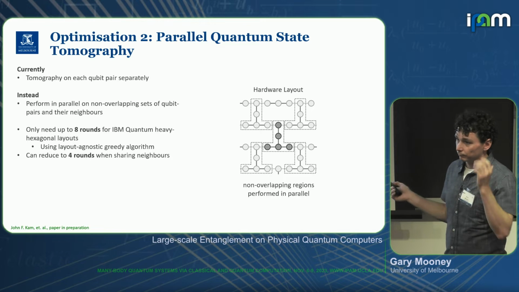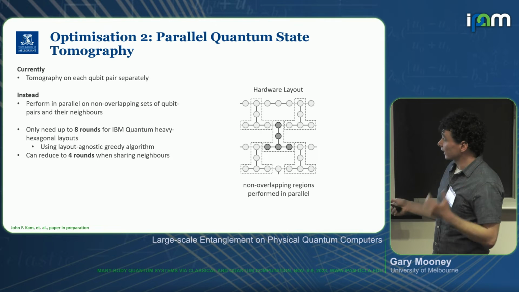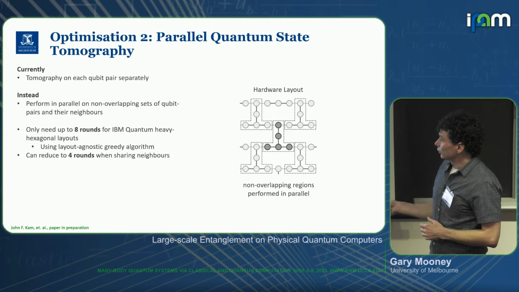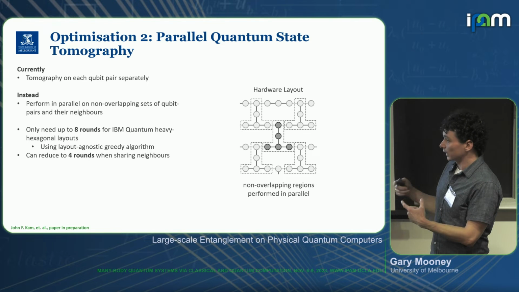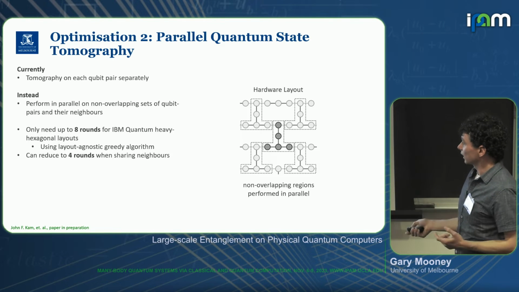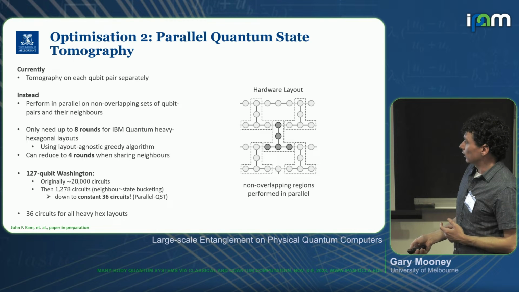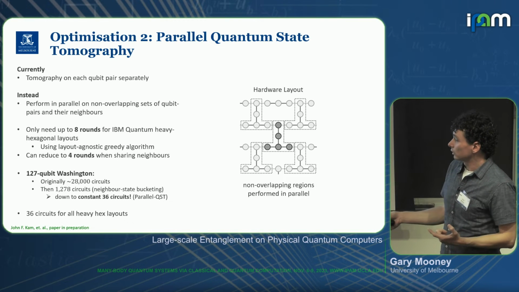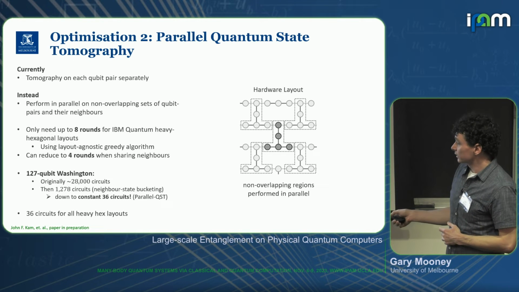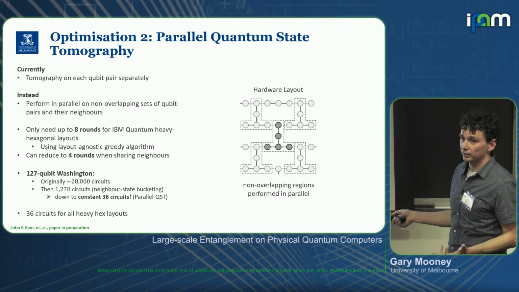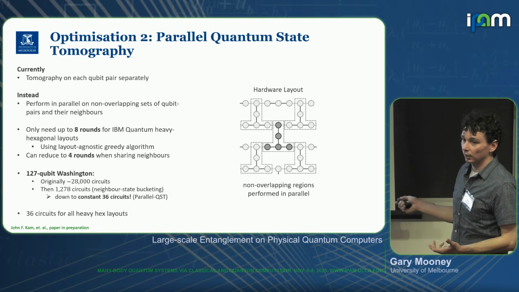But for the IBM heavy hex devices, you can actually get up to 4 rounds, so you can do it quite efficiently. That's with sharing neighbors as well, so allowing that to happen. And by doing that, we've now brought the Washington device experiments down to only 36 circuits. And this is a constant number. It doesn't depend on the size of the graph anymore because it's done in parallel.